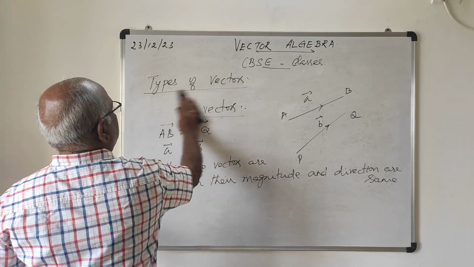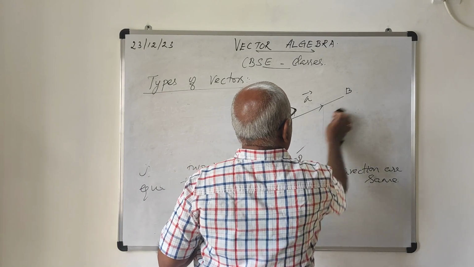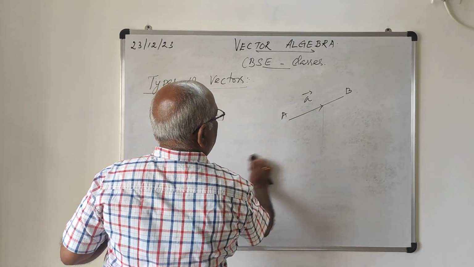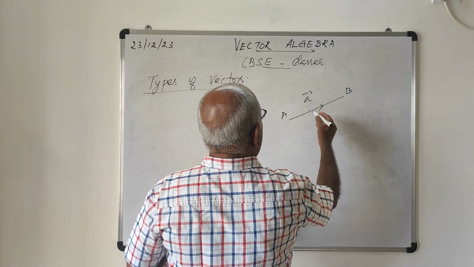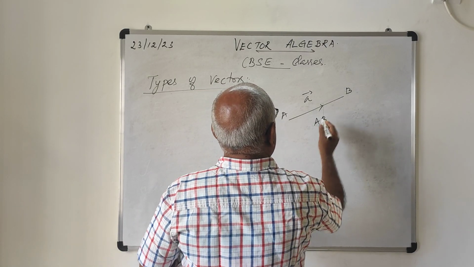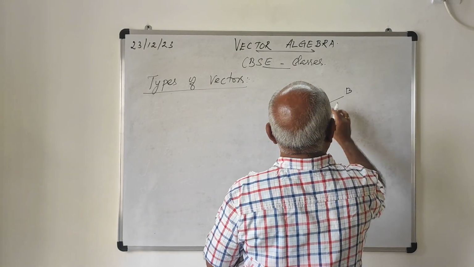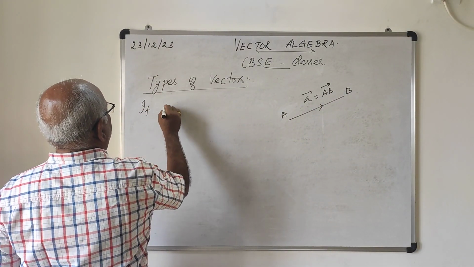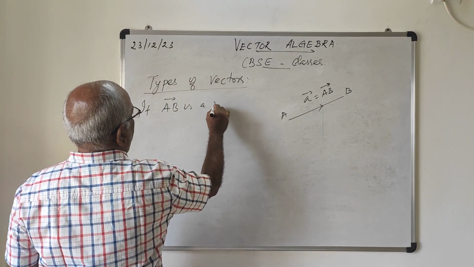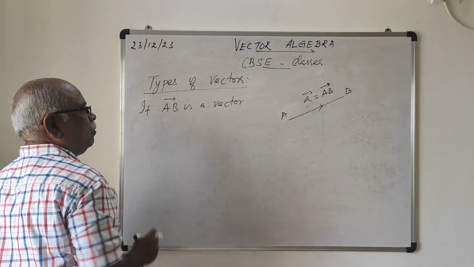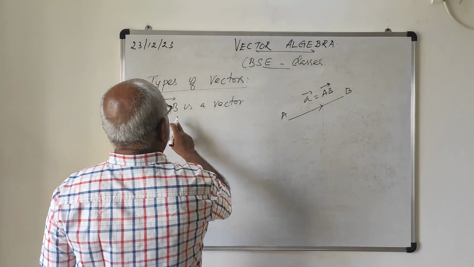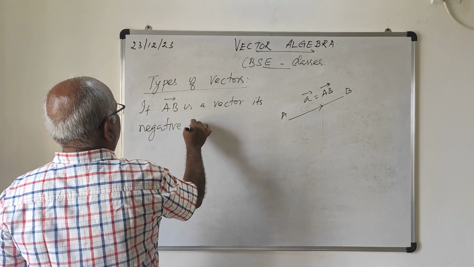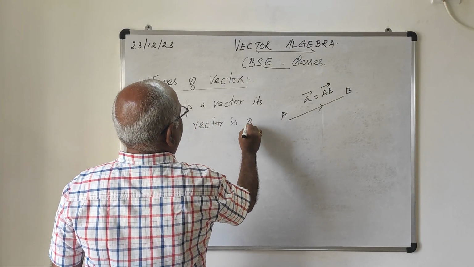Then the fifth one is negative vector. If AB is a vector whose initial point is A and the terminal point is B, its negative vector is BA.